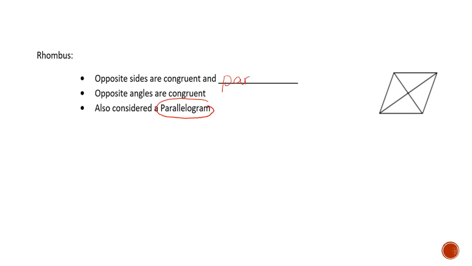So just like we talked about with the parallelogram, these are going to be congruent and parallel. And we also will talk about how the opposite angles are congruent. So this angle is congruent to this one, congruent and congruent.